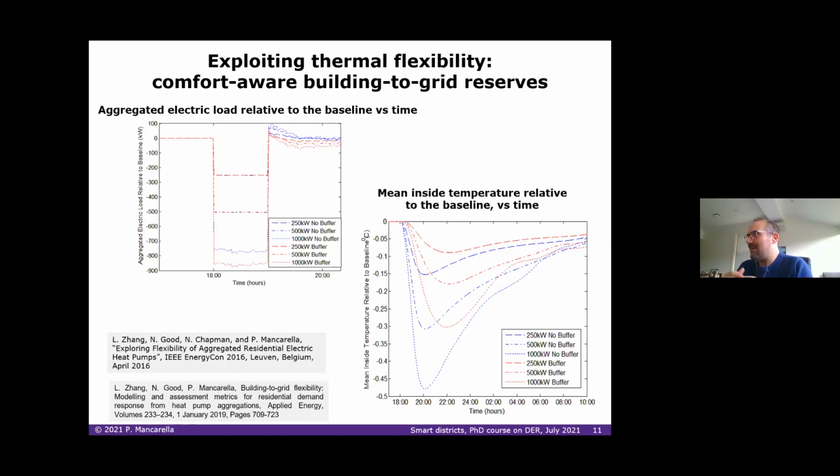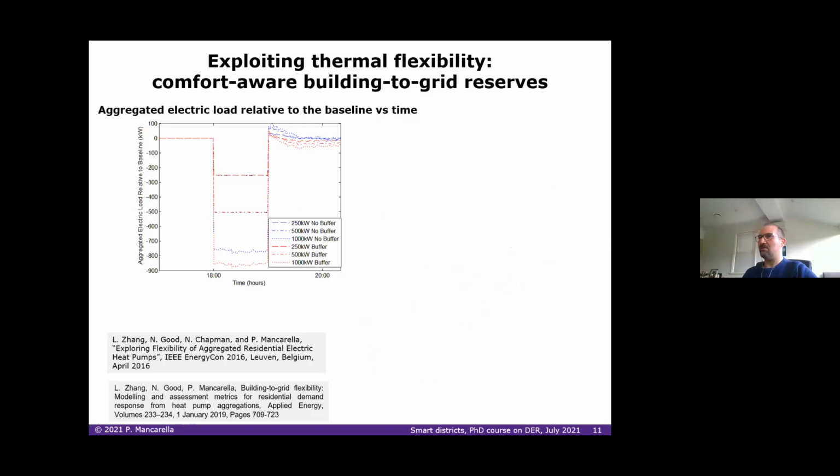Otherwise, you can give up more comfort, and then again you allow more flexibility. You enlarge the size of your virtual storage, not because you add thermal inertia or store hot water, but because you allow more flexibility in terms of temperature in your building.